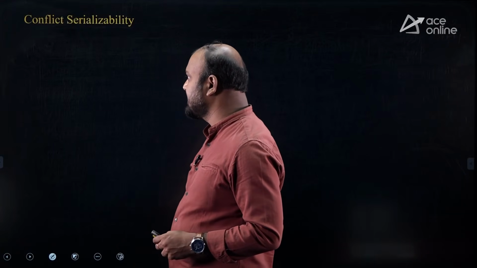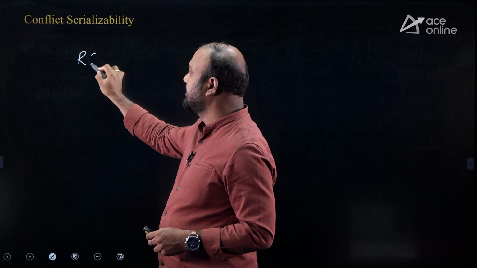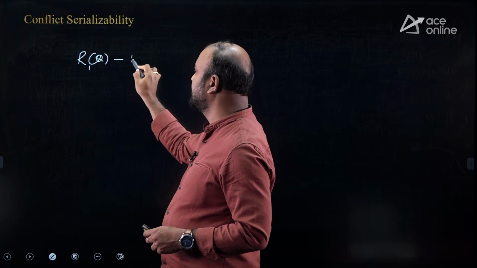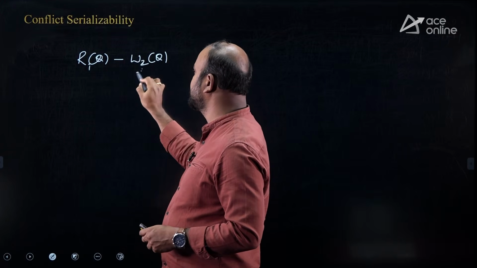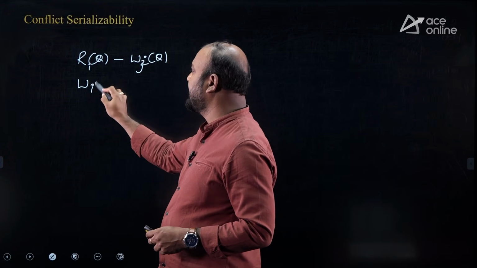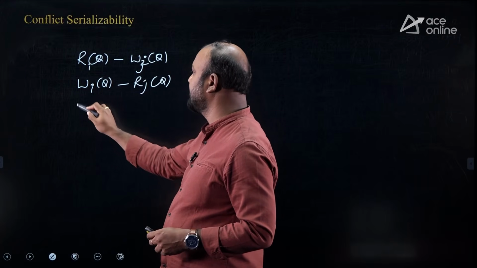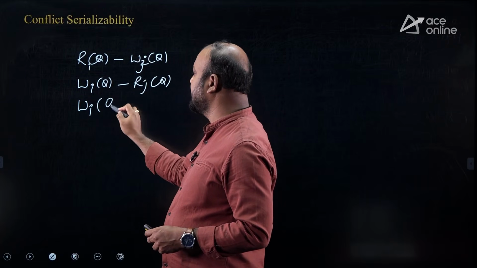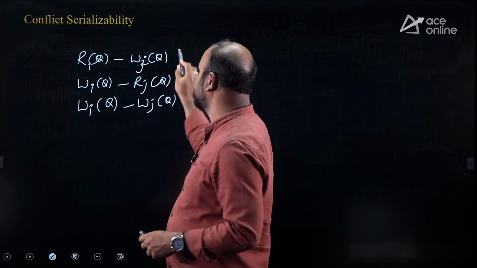What is conflict serializability? What are the conflict operations? Read I of Q, write J of Q, read-write conflict. Write I of Q, read J of Q, write-read conflict. Write I of Q, write J of Q, write-write conflict.